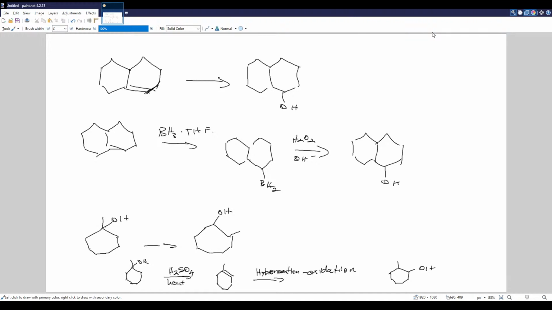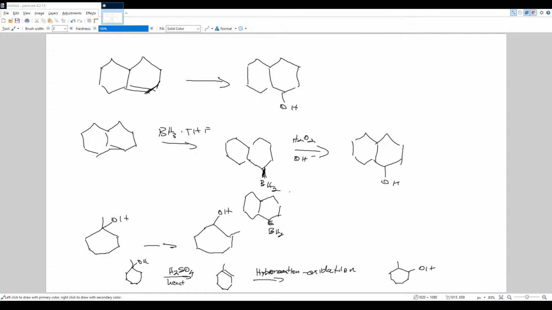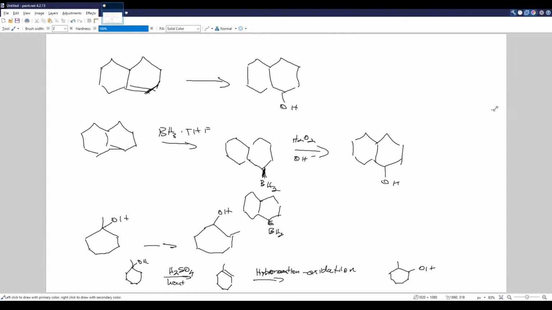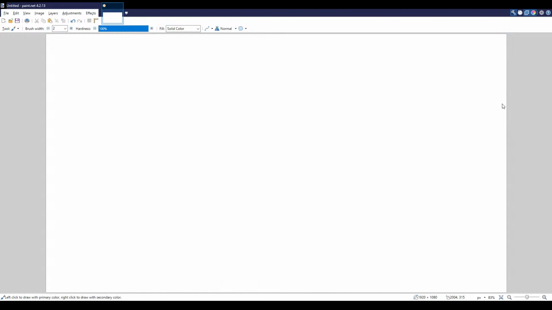Jesus Christ. I forgot the stereochemistry again. Yeah, so you can either get this thing, or you can get this thing. Of course I forget the stereochemistry. Same thing here, you can also get the enantiomer, right? Of course, I always forget.